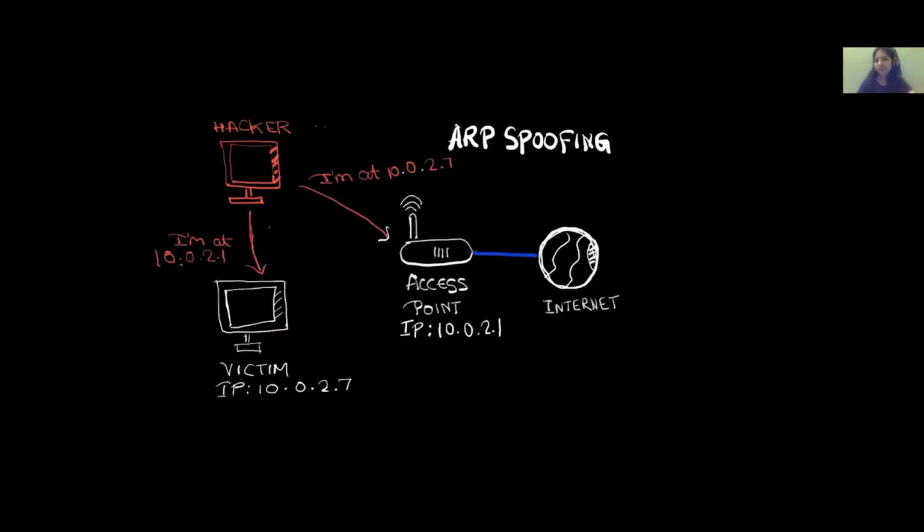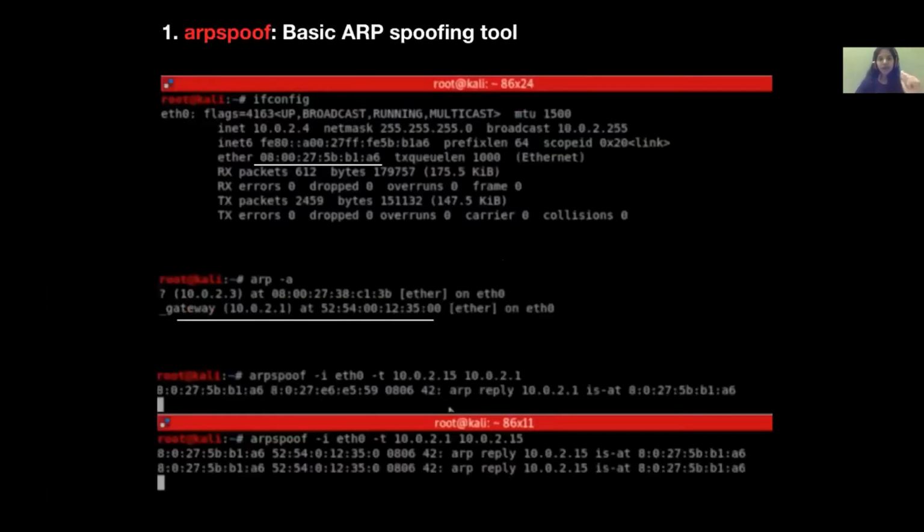I'm doing this particular scenario. On my Kali Linux machine, my MAC address starts with 0800. When I run arp -a, I can see my gateway, which is the router, is at 2.1 and its MAC address ends in 52. I am doing a two-way spoof. 10.2.15 is my Windows machine, which I will be hacking.